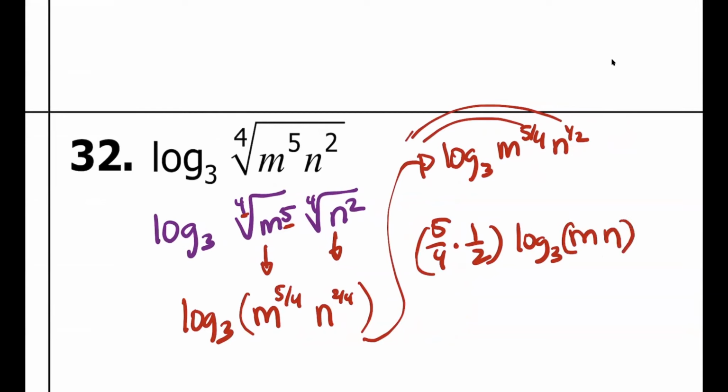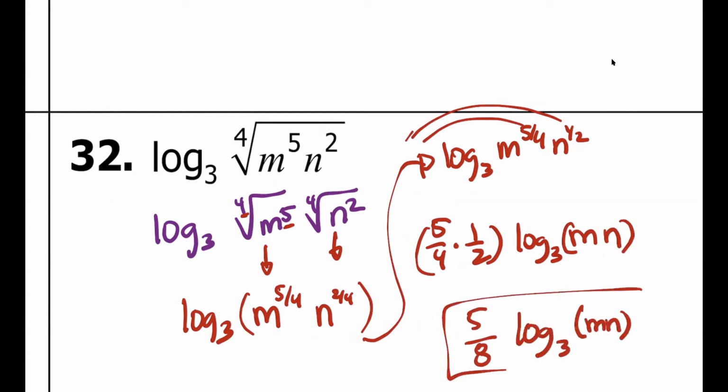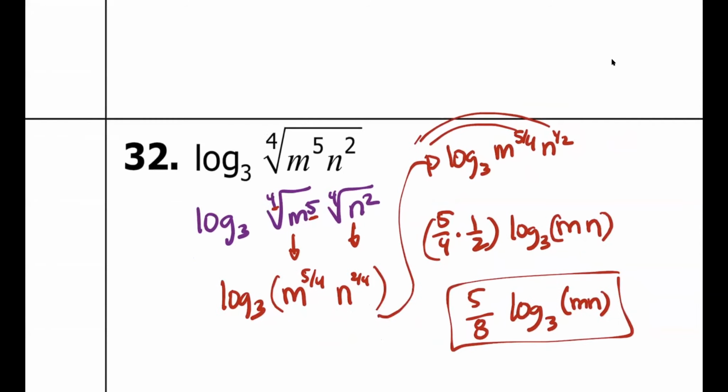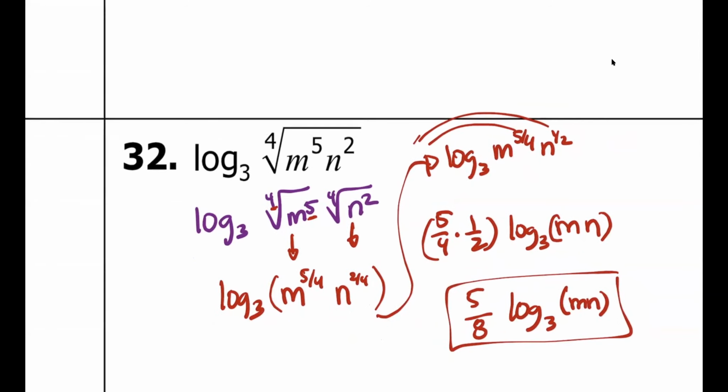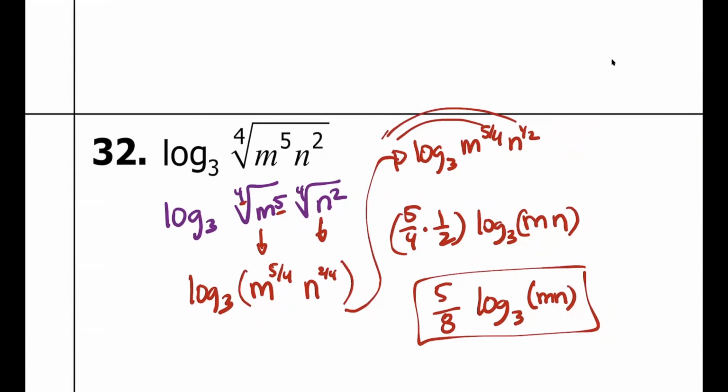And so this becomes 5/8 log base 3 of m n. Okay, so if you have radicals, change them to exponents, put the exponents in the front, multiply them together, and you're good.